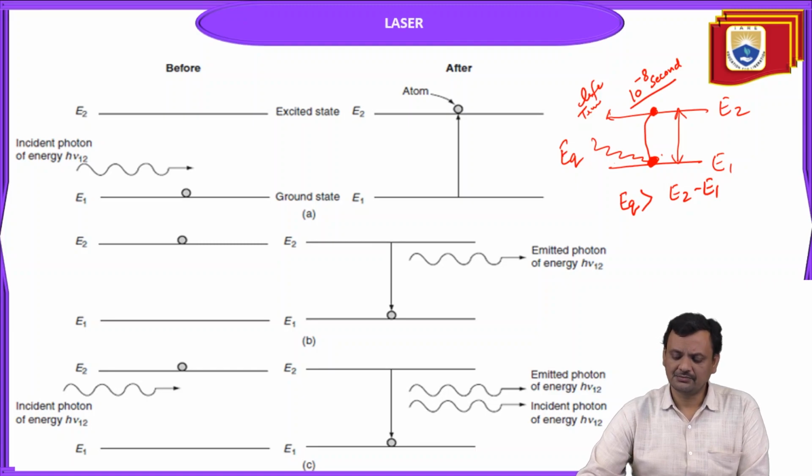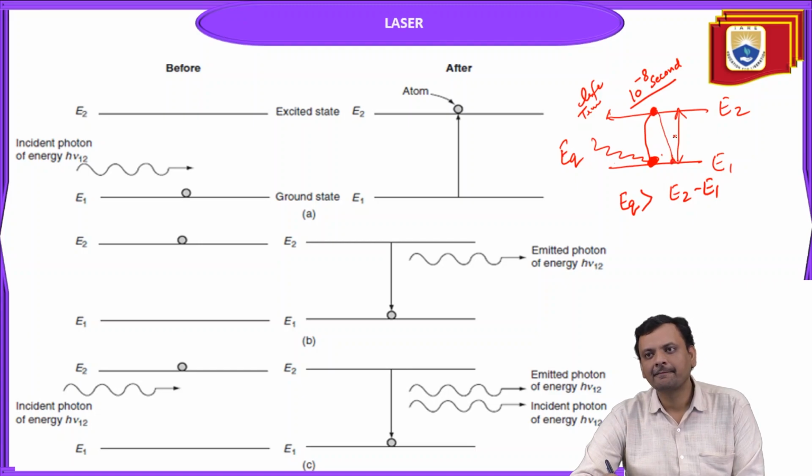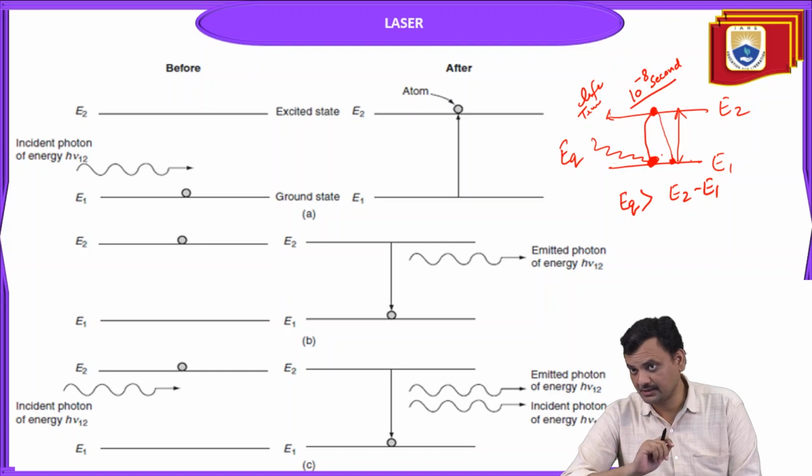So the electron can reside here up to 10 to the power minus 8 second, and after that period of time, it will return to its ground state energy. While returning, it has to lose its energy.